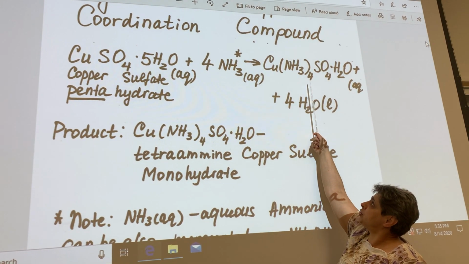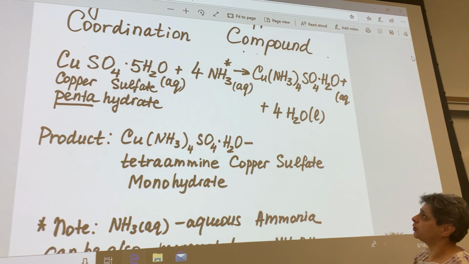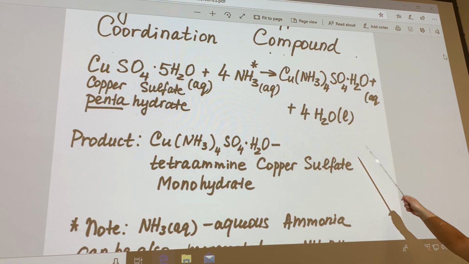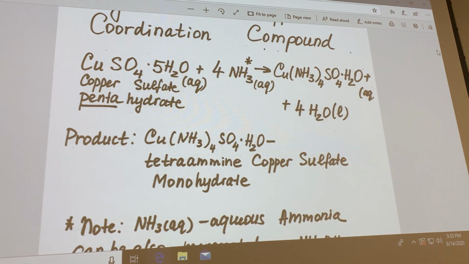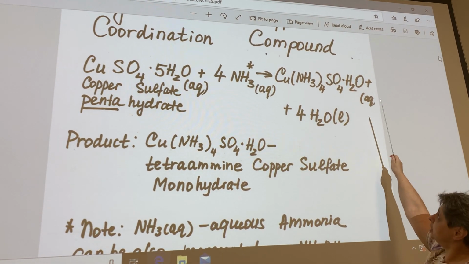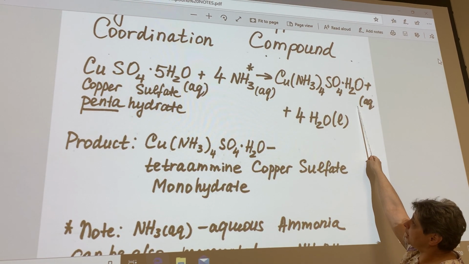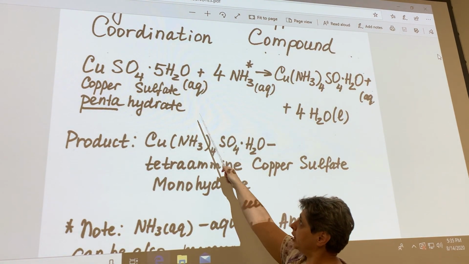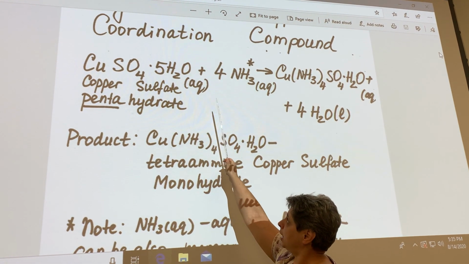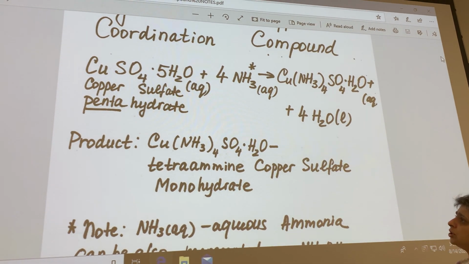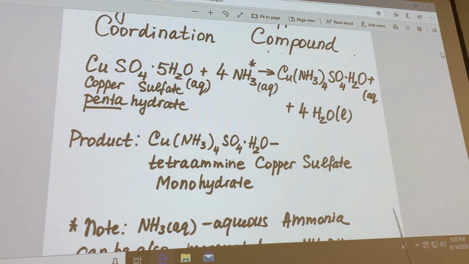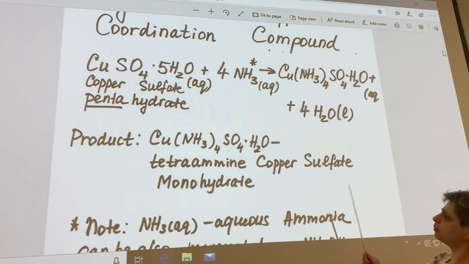And that's why it's tetraammine copper sulfate monohydrate. And then 4 waters are basically forced out of the molecule. Like I mentioned, the product is purple in color compared to the light blue reactant. So when you combine your 2 reactants, you will notice a color change occurring very quickly from light blue to purple.